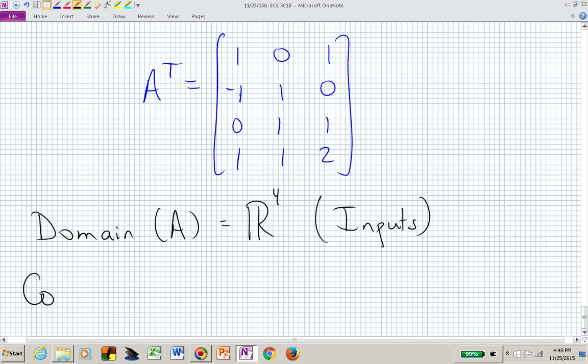The codomain of A is living in R3. That's our output.